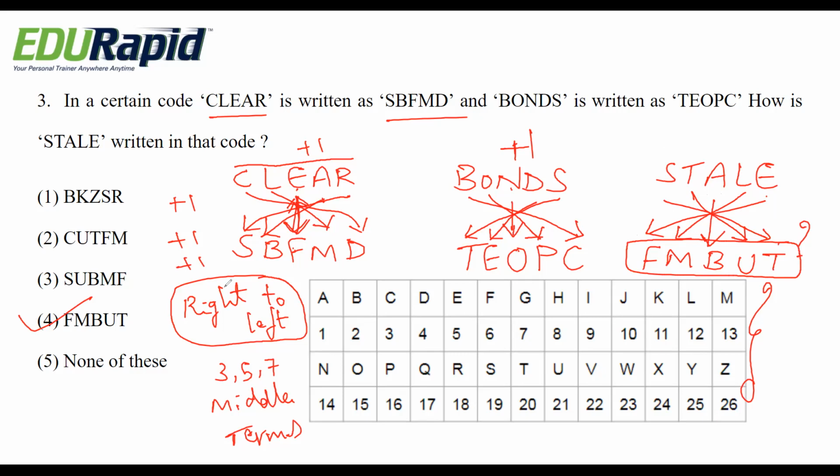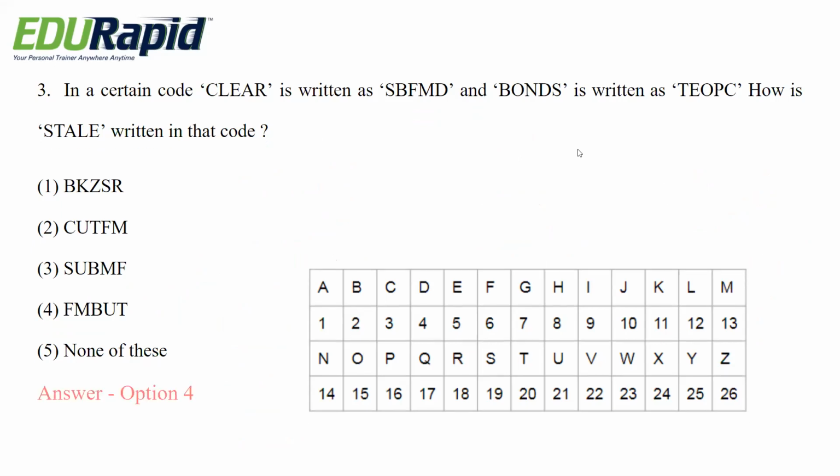It is clear. It is from right to left, increased by one. So the right answer is option 4.